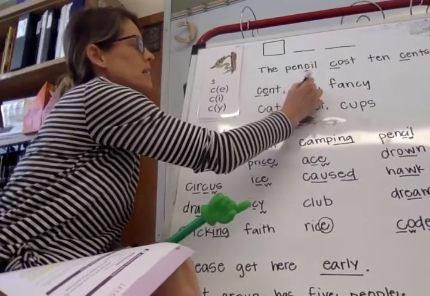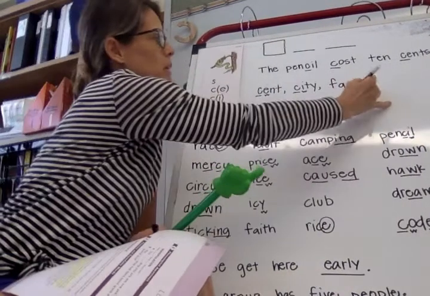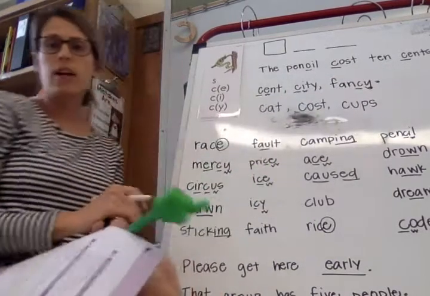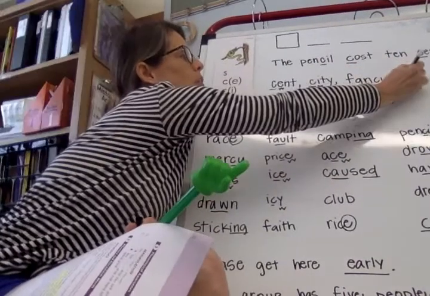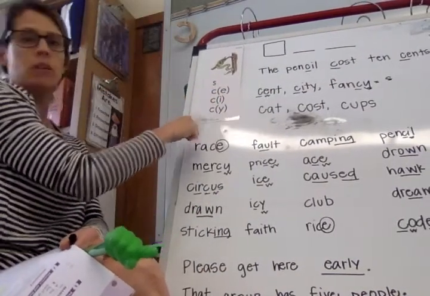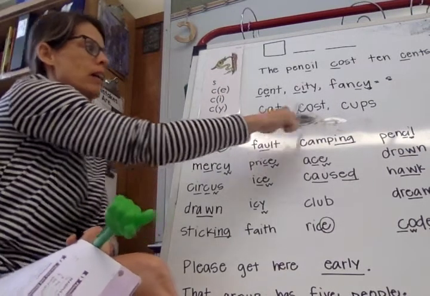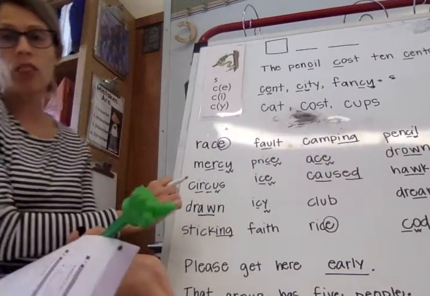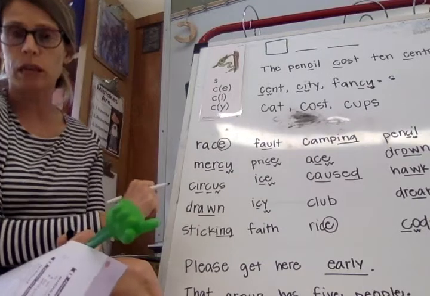Here's my C with an I after it. And here's my C with a Y after it. When we have those, it makes an S sound. It equals an S. So this S sound can be a C sound. Now, when we have an A, an O, or a U, the other vowels, it makes a K sound that you're used to making.